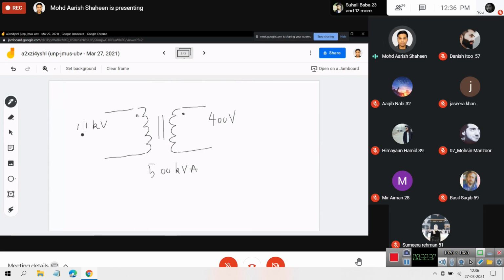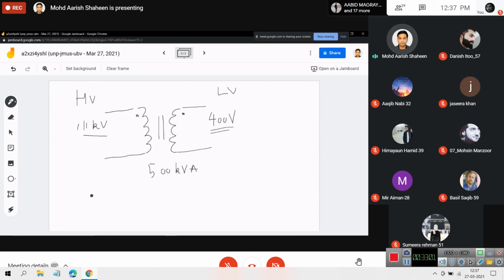On the HV side, usually the convention is to take the voltage itself, so 11 kV is the base. On the LV side, 400 volt is the base. The power base has to be common on both sides. It can't be different, otherwise the equations won't be valid. It is a common value equal to 500 kVA.